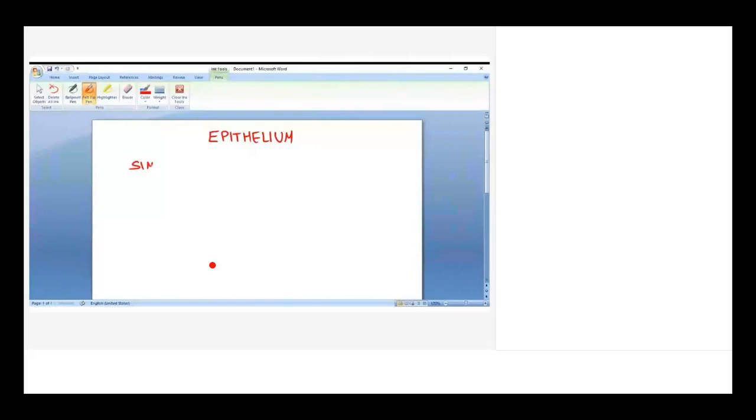We are having a single layer of epithelial cells in simple epithelium. And in compound epithelium, we'll have different or many layers of epithelial cells. So that's compound epithelium. And simple epithelium is again divided into squamous.